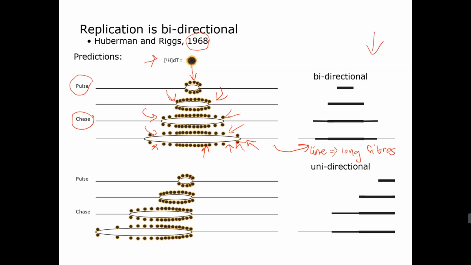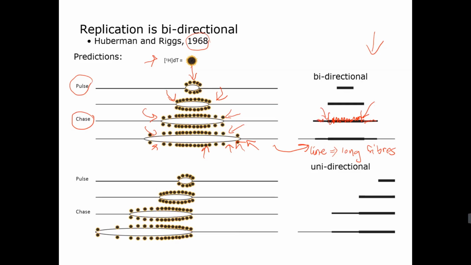And again, it's a very bad illustration, but this is where you sort of have a very heavy labeling initially. So we would see it here during the pulse phase. So there's lots of labeling. And then once you introduce the chase, which would be occurring here, the labeling becomes less and less still.